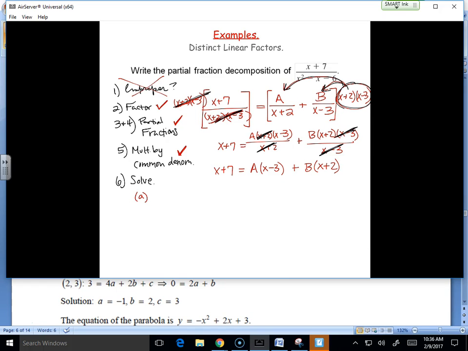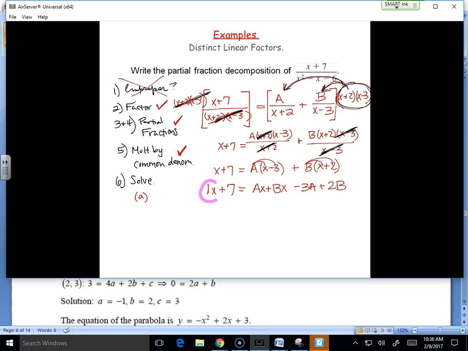And letter A says, make equations from the coefficients of like terms. Let me show you what I mean. I have 1x on this side and 7 on this side. And when I distribute, long story short, I'll end up with ax plus bx, by rearranging, minus 3a plus 2b. I need you guys to see something real fast.